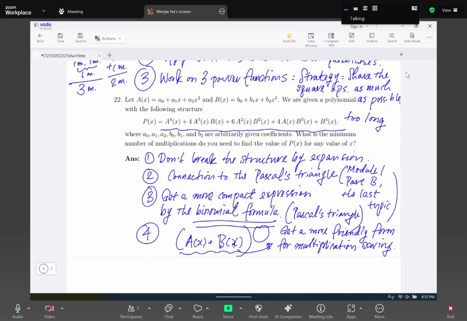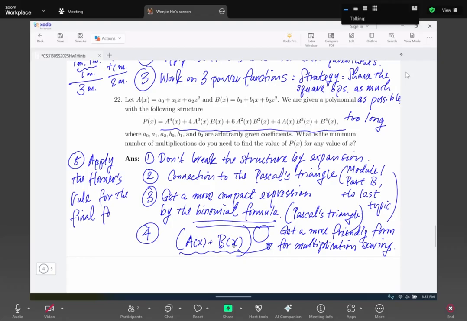So the last step, you need to apply Horner's rule for the final form.